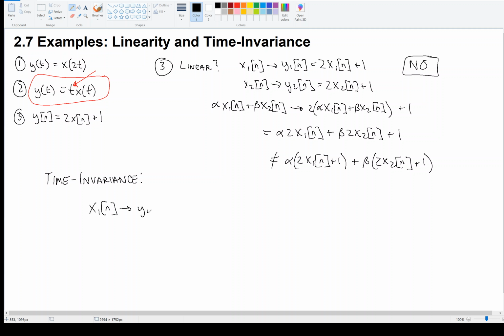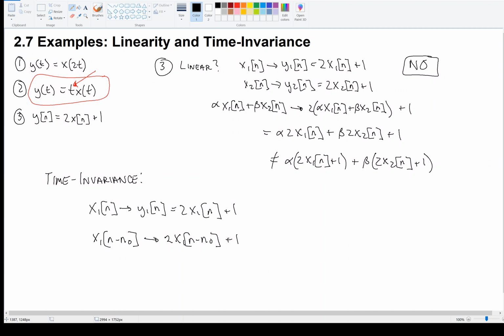That gives me y1 of n equals twice what I plugged in plus 1. And now I delay it, or I shift it. I shouldn't say delay, but I shift it. Shift the input. I get twice what I put in plus 1.